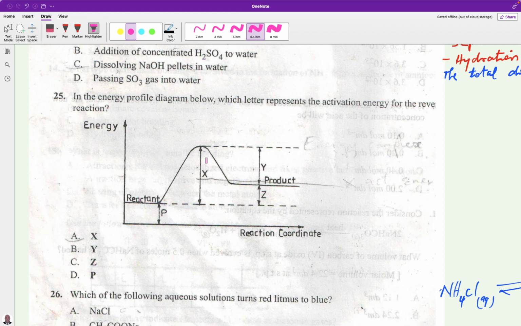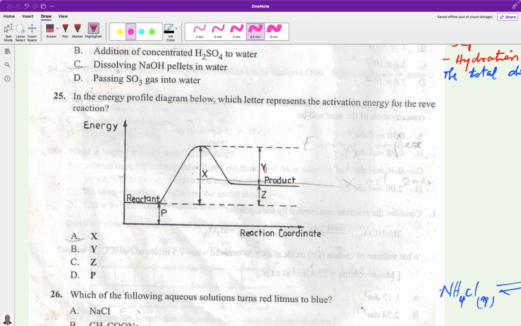So the forward reaction is endothermic, and the backward reaction, or the reverse reaction, is exothermic. So now the question says, which letter represents the activation energy for the reverse reaction?